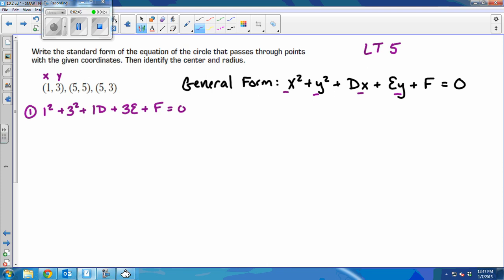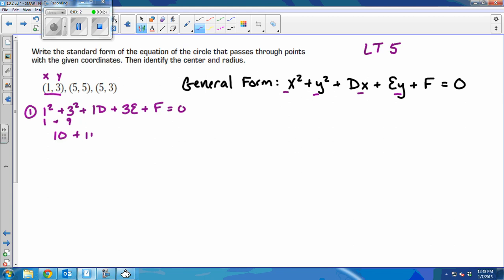Everyone know where that came from? It's just that first point I substituted for all the x and y's. I want to put it in the same format as the systems we tried on the calculator. I want the d, e, and f on one side, and I want the constants on the other side. So 1 squared is 1, and 3 squared is 9, right? So 1 plus 9 is 10.